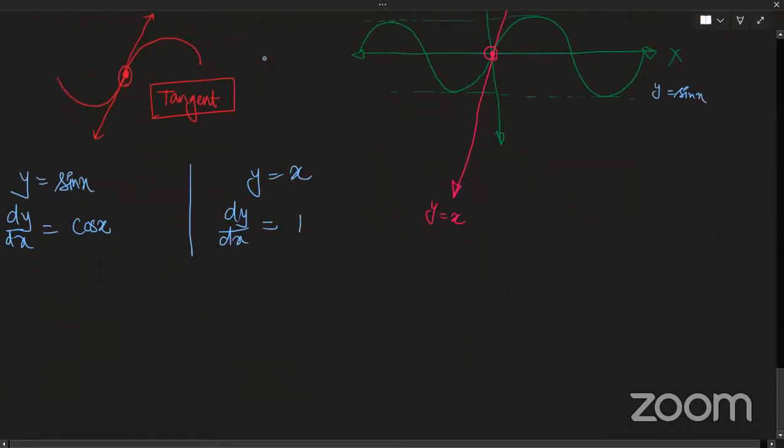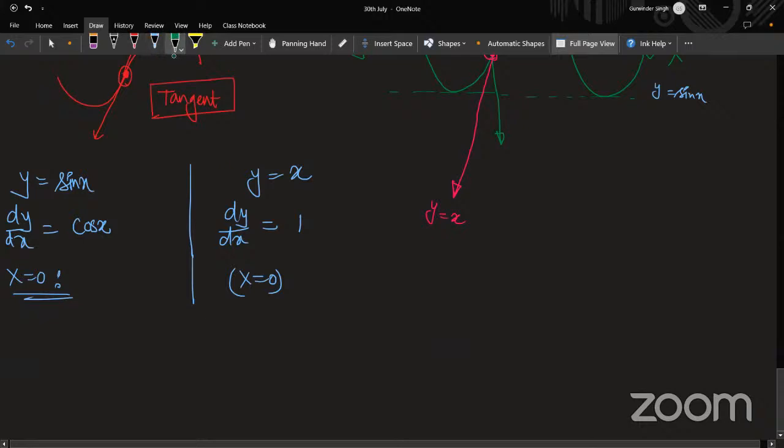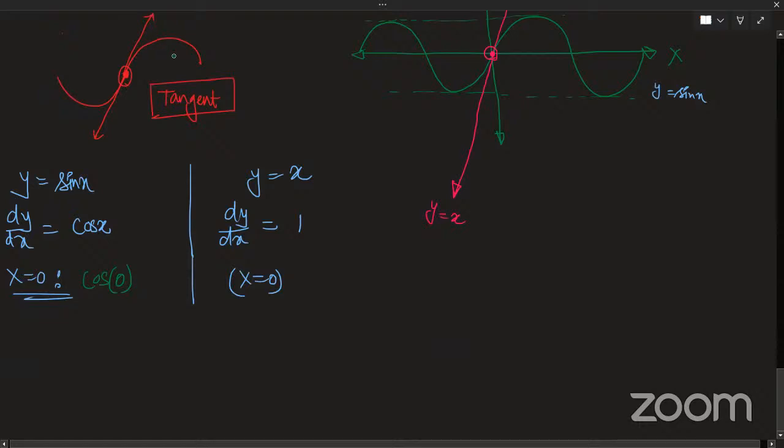So you put x is equal to 0 here and x is equal to 0 here. What will be the value of dy by dx when x is 0? In the first case, you put x is equal to 0 here. What is cos of 0? 1, sir. Correct. Similarly, my dy by dx for the line is 1.